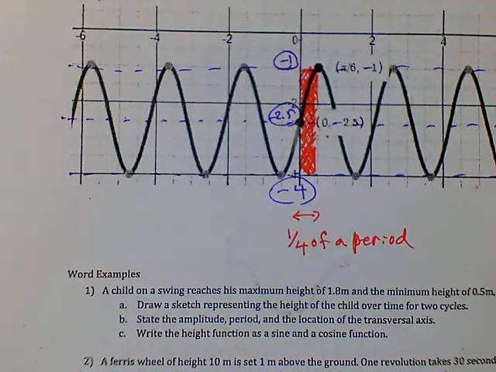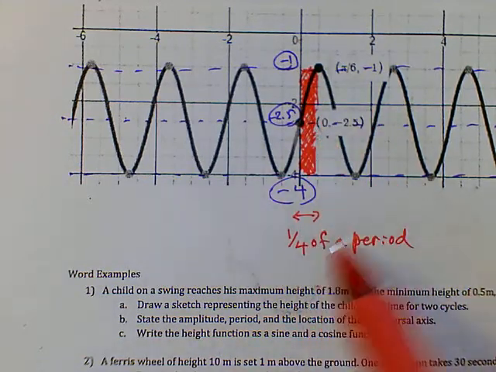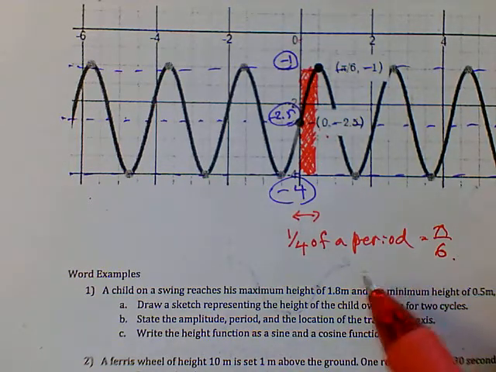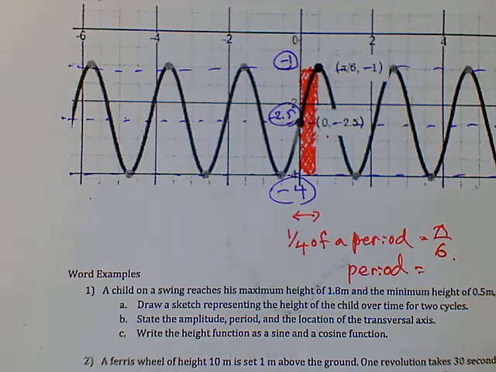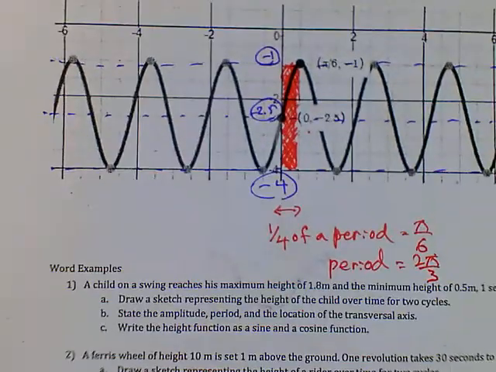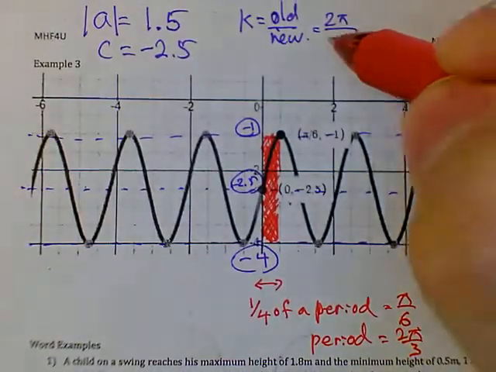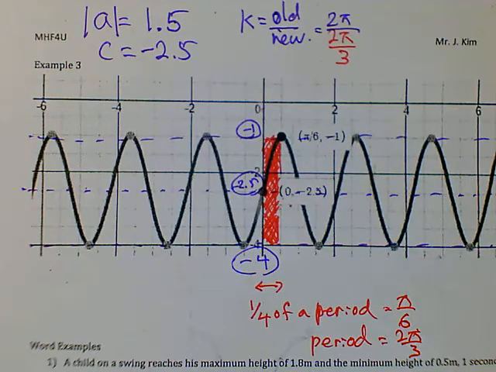And how much is that? As you were suggesting, 0 to pi over 6. 1/4 of a period is pi over 6. So what is a full period? Times 4, right? 4 pi over 6 or 2 pi over 3. So the new period is, I'm going to bring it right back up, 2 pi over 3.